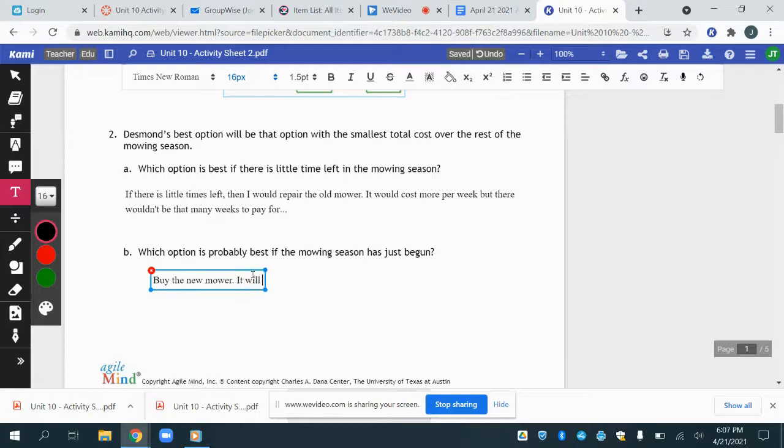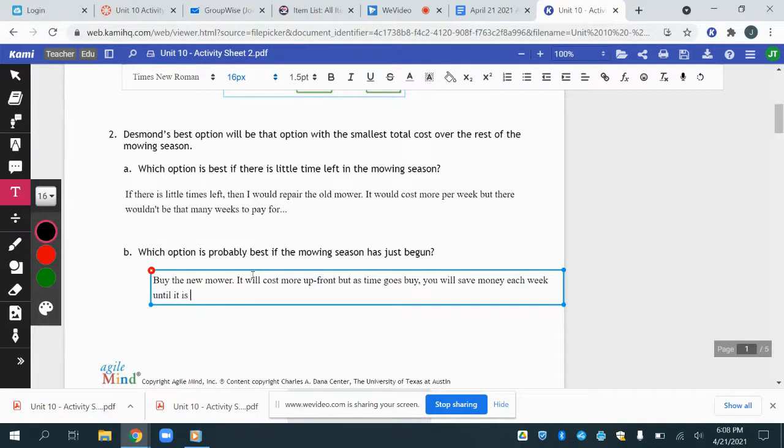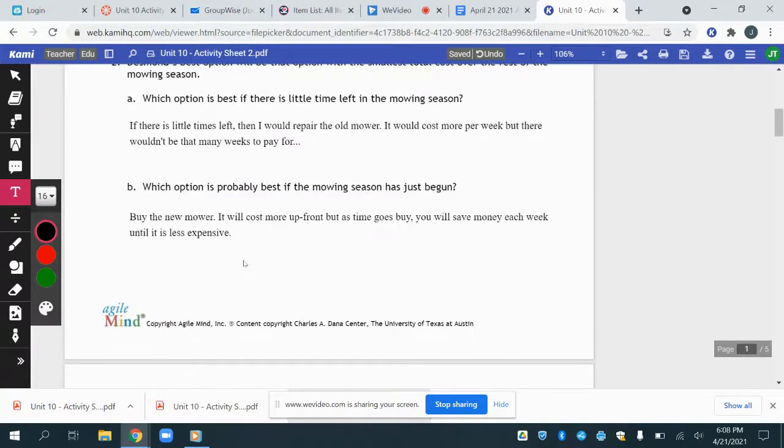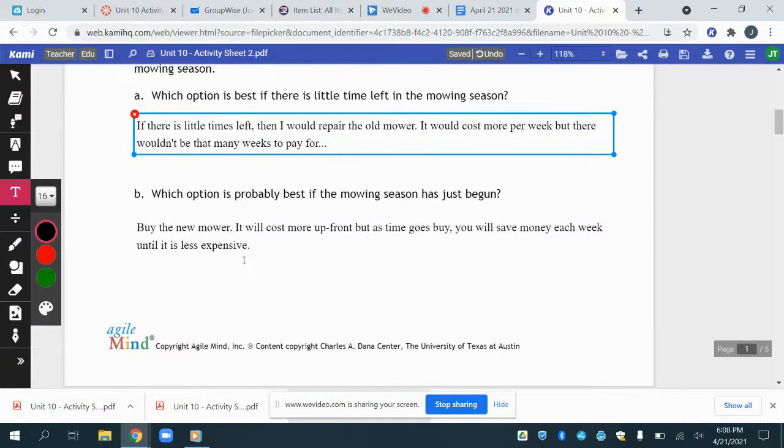It will cost more up front, but as time goes by, you will save money each week until it is less expensive. There, that'll work. So I hope that makes sense.